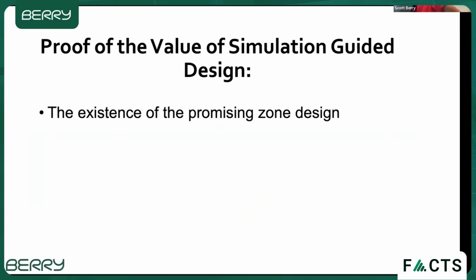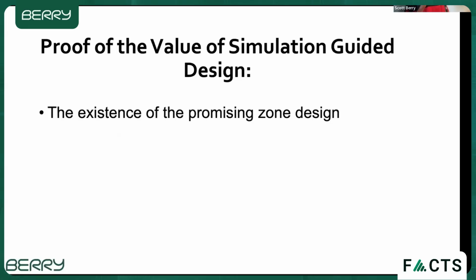Okay. The other part of this, and this is a little bit of my initial joke about the spouse and "compared to what", is that the value of simulation guided design, the proof of it, is the existence of the promising zone design. The promising zone design by itself seems reasonable and all of that.